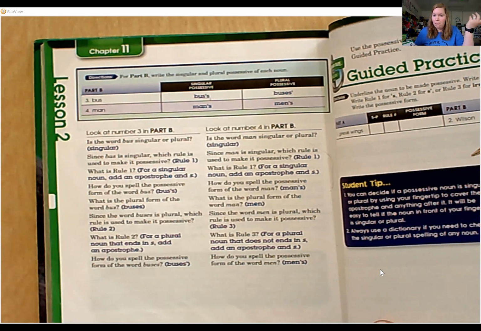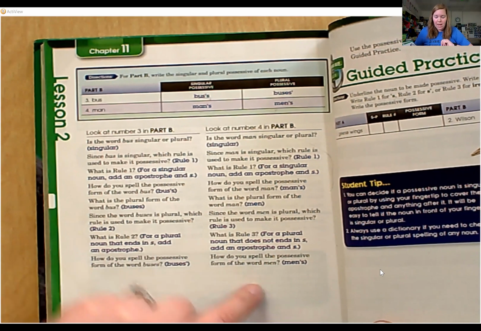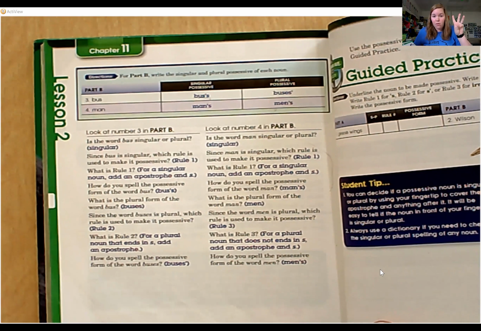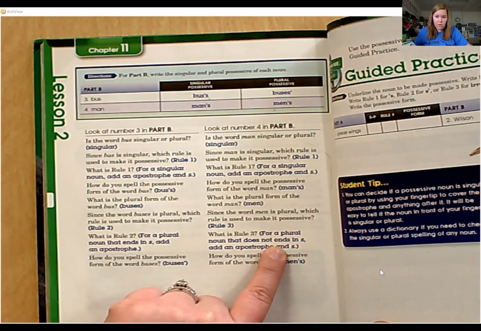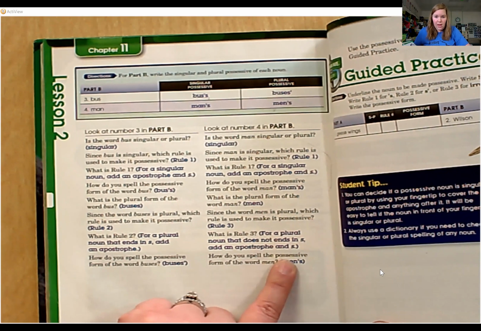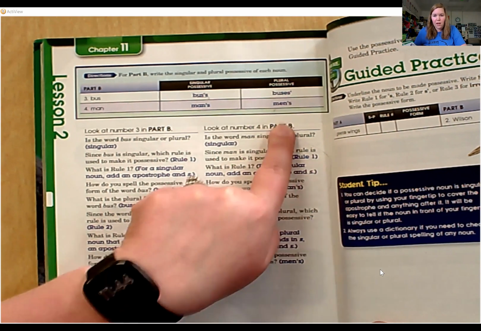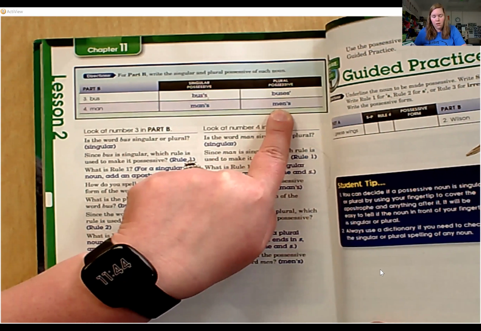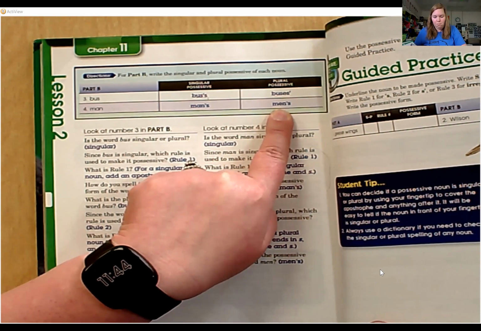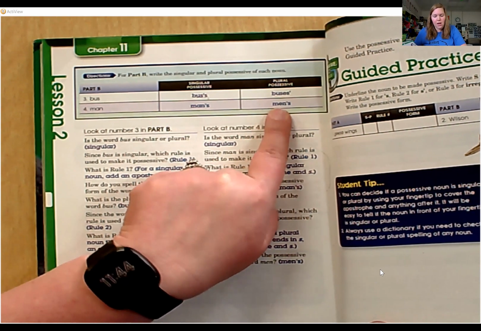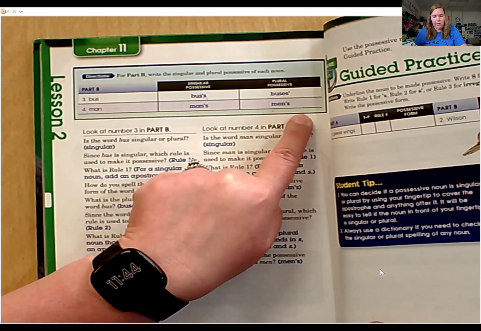One man, many, not man's. Men, right? Men uses rule 3. Men does not end in S. So add an apostrophe and S. So for the plural possessive, plural was men. To make it say men's, we put M-E-N apostrophe S.